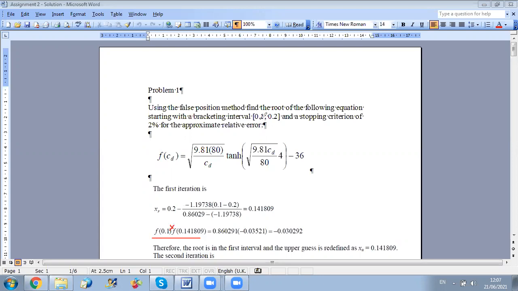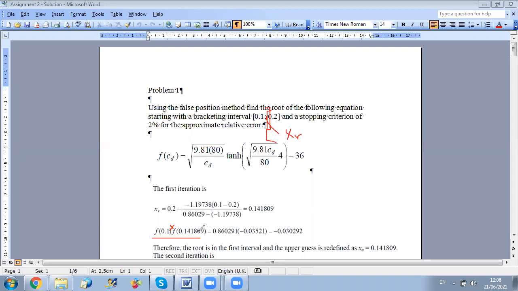You compare the signs. If for f of xr you have the same sign as f of 0.1, this means that the root will be between xr and 0.2. While if f of 0.1 and f of xr have opposite signs, then the solution will be in the bracket 0.1 to xr.